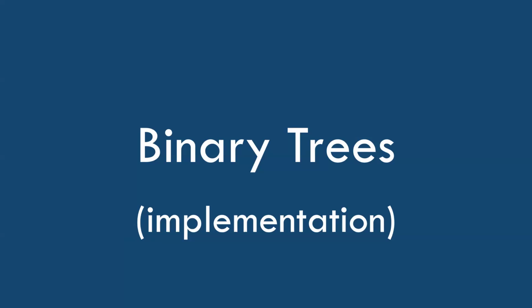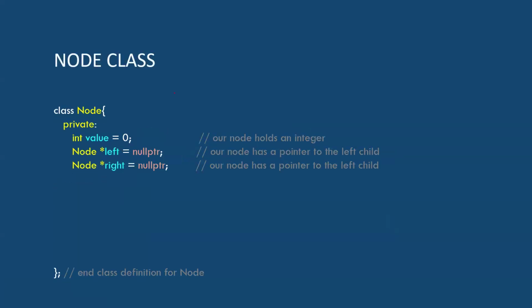But let's dig into our binary trees and let's start doing some code. So we're going to need a node and we're going to need a left and a right pointer. Now remember in C++, if I want something to be a pointer to a thing, I need a star in there, okay? We just deal with that. So left is a pointer to a chunk of memory that holds a node, okay?